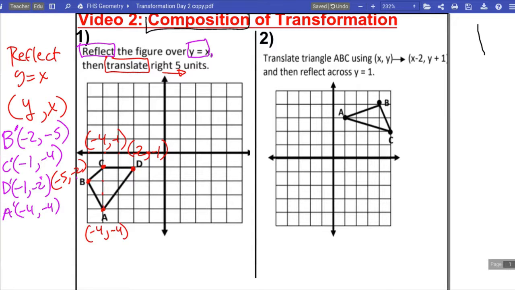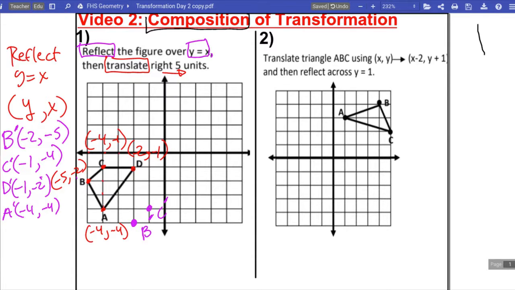-2, -5, right here. 1, 2, 3, 4, 5. That is your B prime. The next one, -1, -4, that will be C prime.